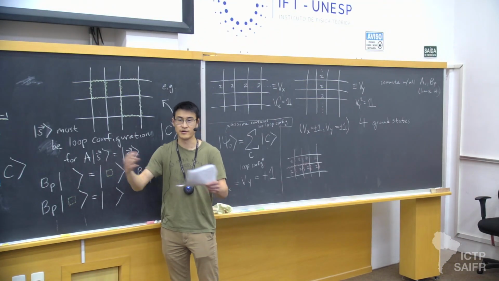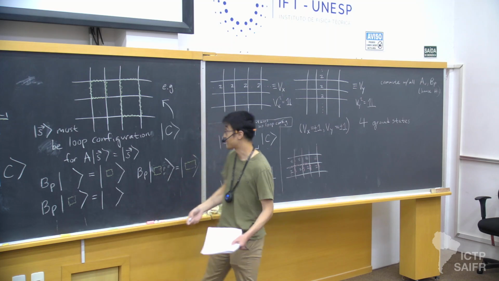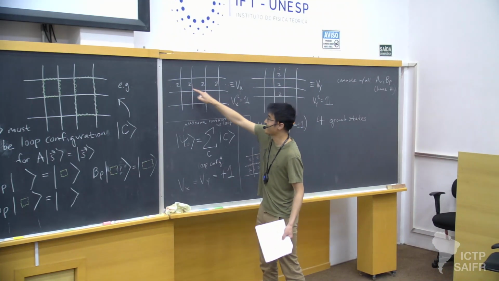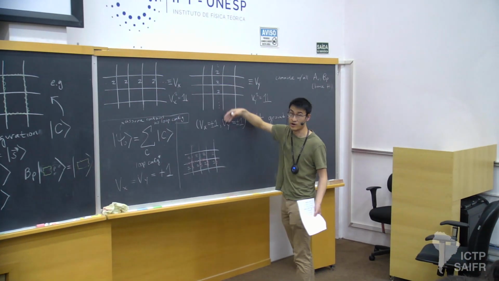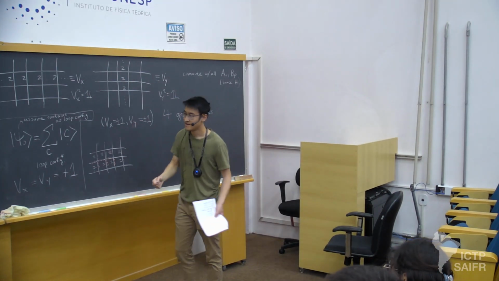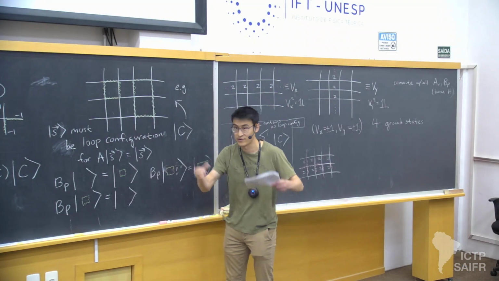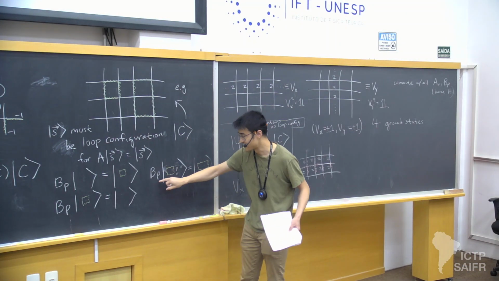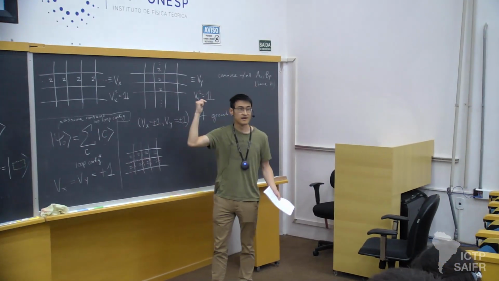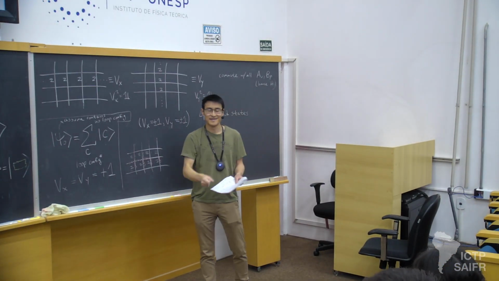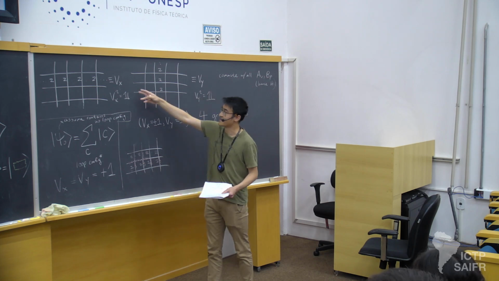It has no loops, which means everything is +1 there. So Vx is 1 for the all plus configuration, and Vy is also 1 for the all plus configuration. And then even when I hit this reference configuration with BPs to generate loops on top of that, the BPs all commute with Vx and Vy. So by applying BP, I cannot change the value of Vx, Vy.